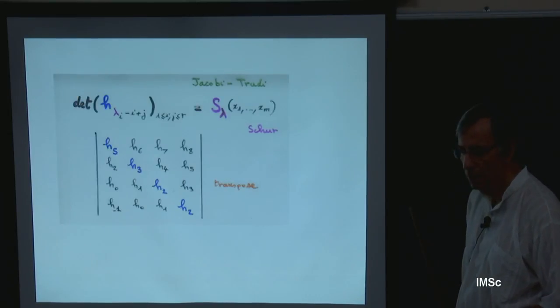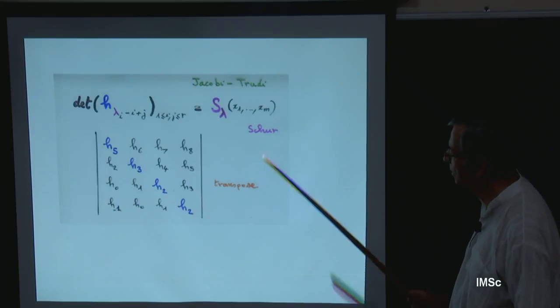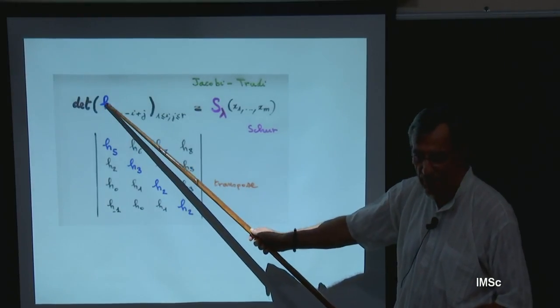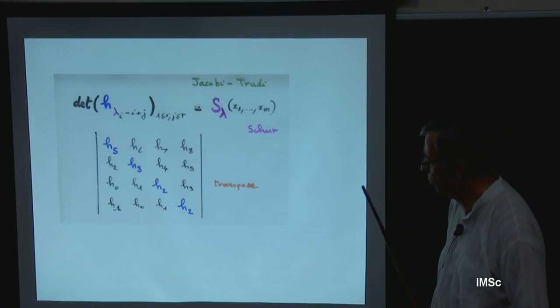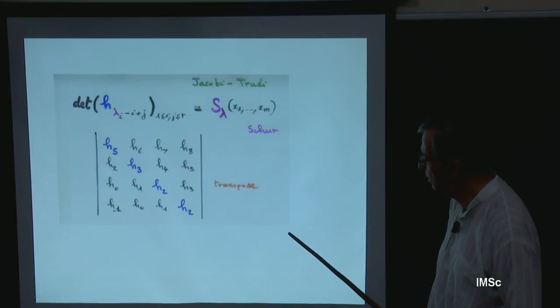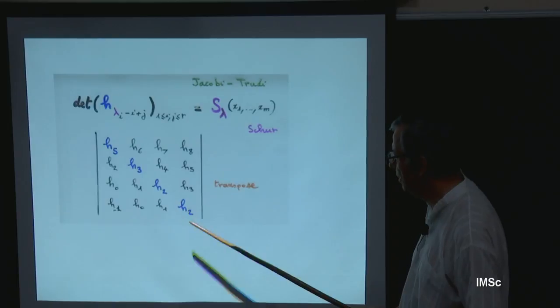Now I claim the famous Jacobi-Trudi identity says that the Schur function can be expressed as a determinant of single homogeneous symmetric functions. In fact, the transpose of this. So how it works: on the diagonal you have h5, h3, h2, h2 in this example.